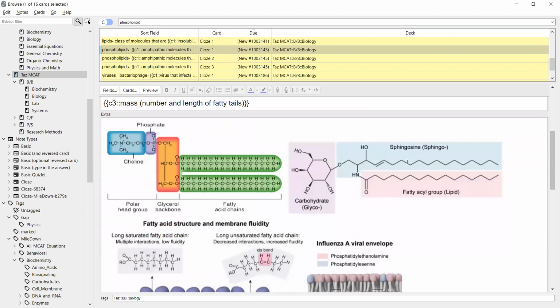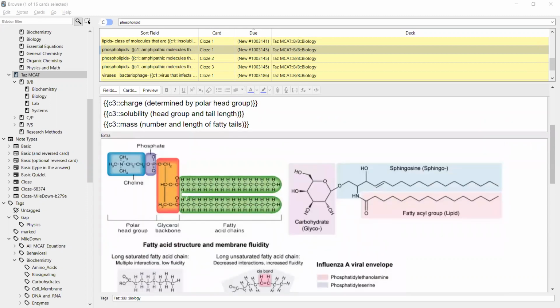So let's look at what is actually a phospholipid. We talked about the hydrophobic chains, which are right here, long carbon chains that don't like to interact with water. However, now over here, we have a polar head group.